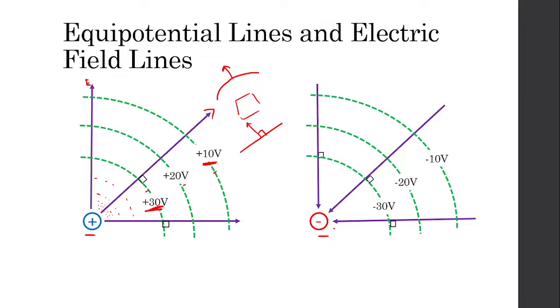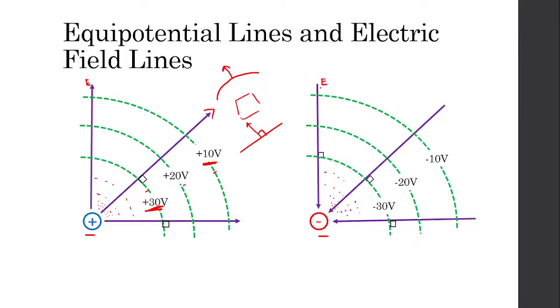The same is true for the negative charge. As you go closer to the negative charge, the equipotential line actually gets lower and lower. So you can see here, you have -10, -20, which is much lower, and -30, which is much lower. And the electric field for a negative charge will always be radially inward.